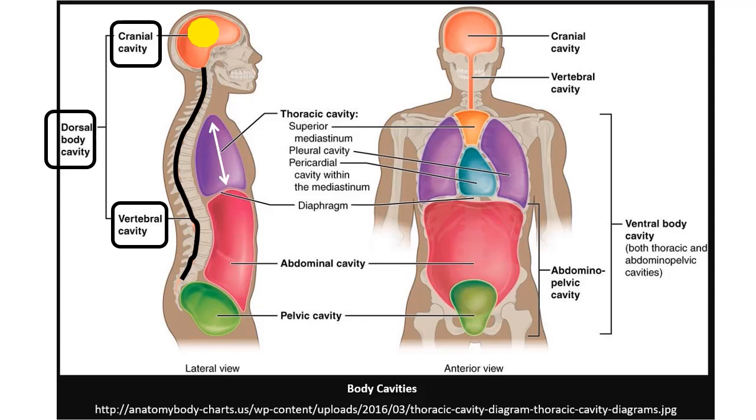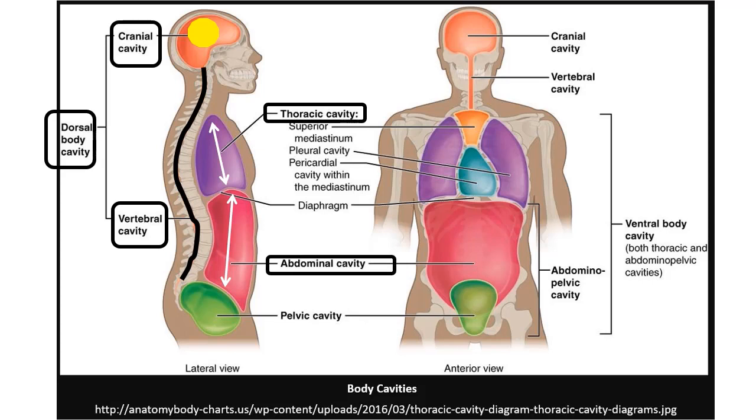of the body. Then we go anterior to the vertebral column where we find the thoracic cavity, which houses the two lungs, one on the right and one on the left.